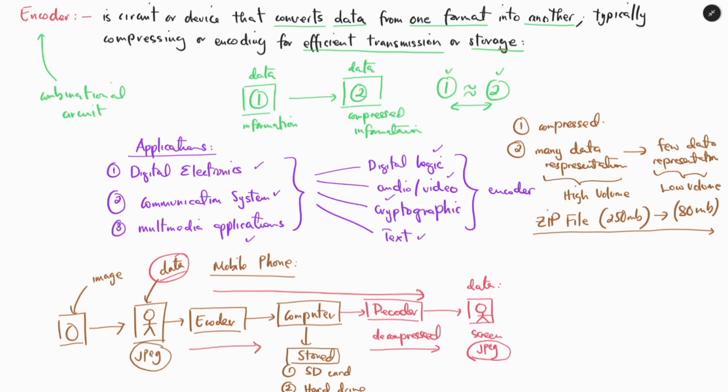So when using your mobile phone to take a picture and view it on your screen, you can appreciate that the encoder also plays an important role in this application. Or if you take a video, this video is also in the MP4 format.